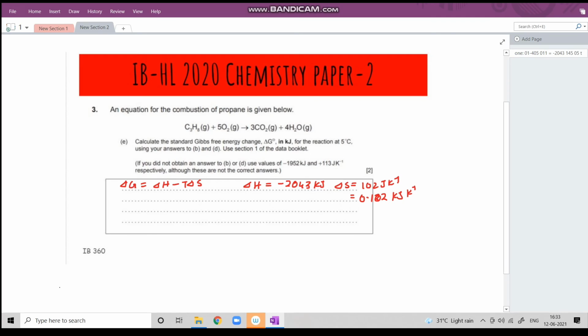So delta G is now minus 2043 minus, after converting the temperature to kelvins, T delta S. Upon simplifying, what we get here is minus 2071 kilojoules. This is delta G, and this is the final answer to this question.